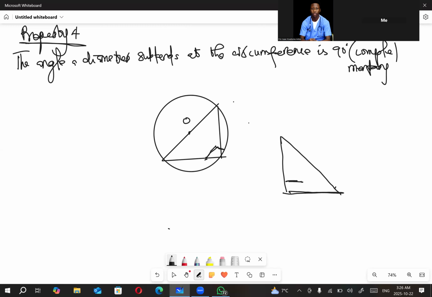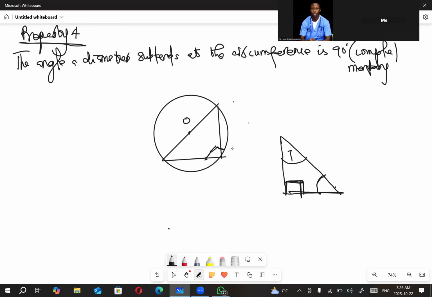They have one angle to be 90 already. And it is learned that the other two angles must add up to be 90 as well, right?